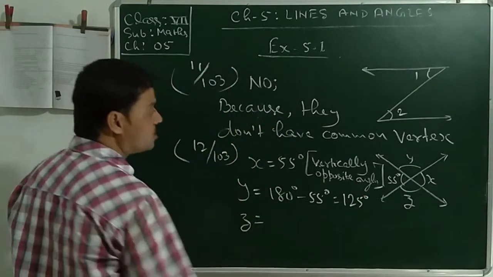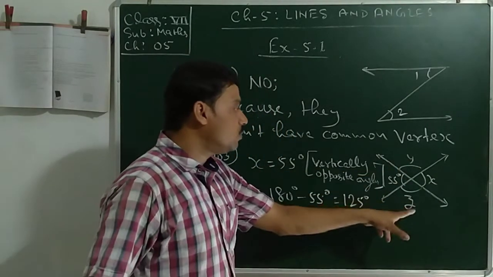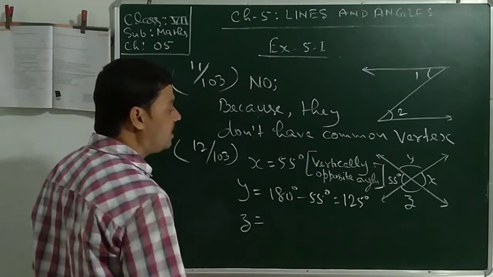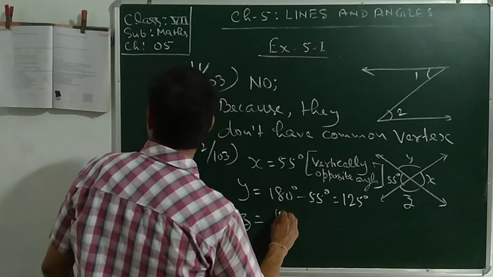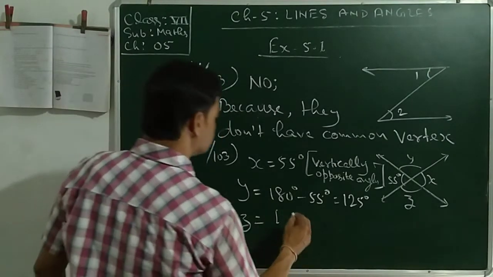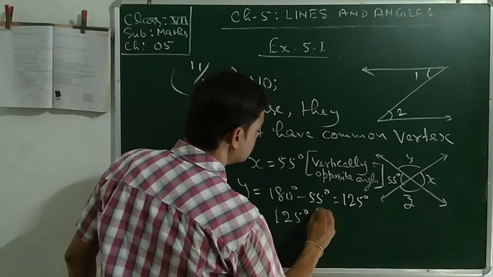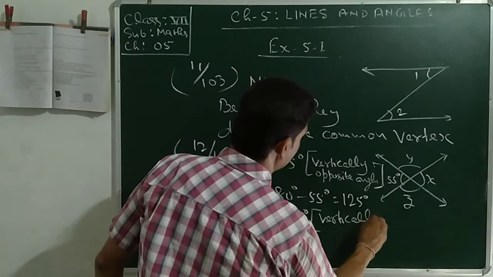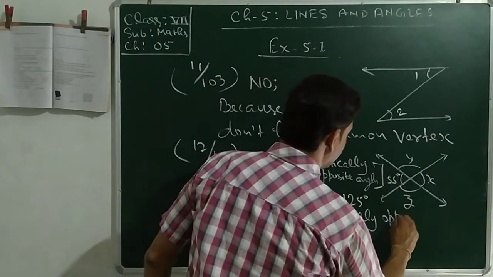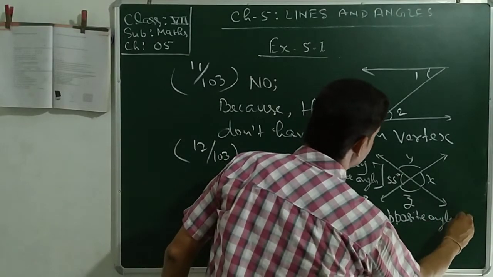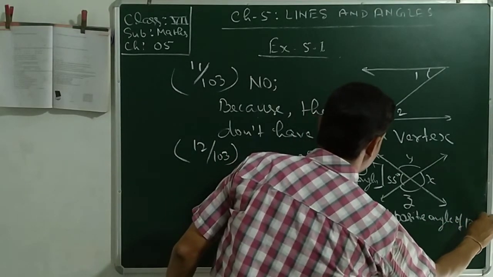And Z equals, Y and Z are vertically opposite angles, so we can write Z equals 125 degrees, as this is also a vertically opposite angle of 125 degrees. Okay.